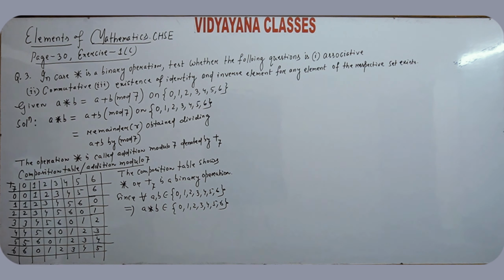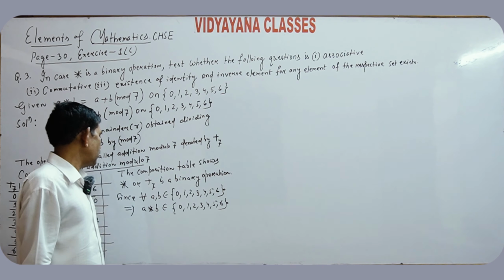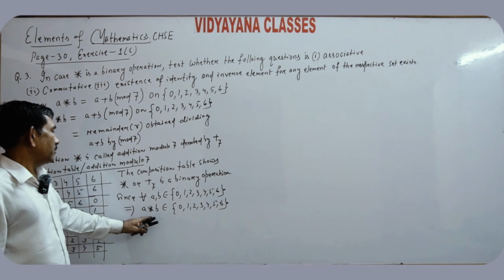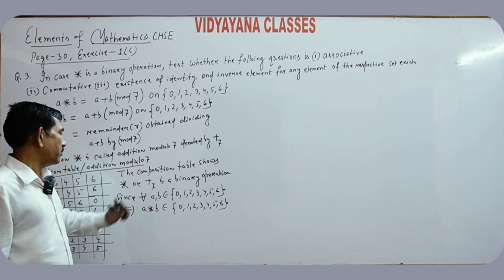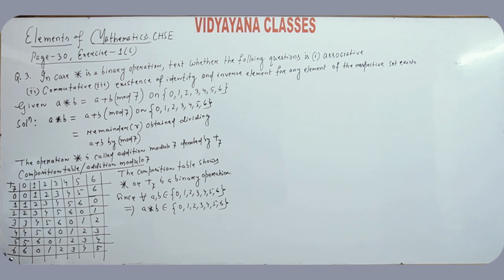This composition table: 0 plus 0 equal to 0, divided by 7 gives 0. That means for all A, B belongs to this set, A star B belongs to this set. Star or addition modulo 7 represents a binary operation.